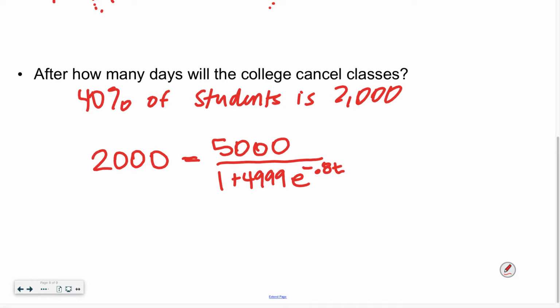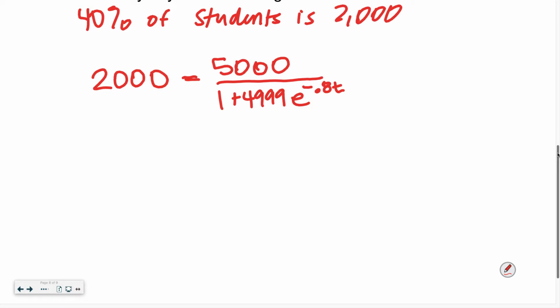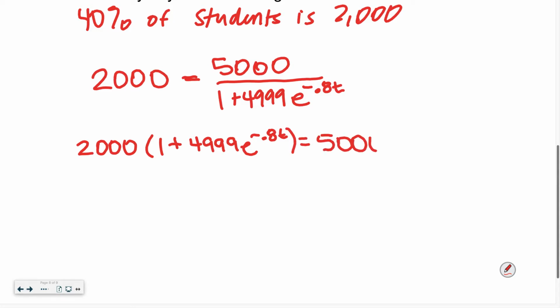And now our job is to solve for T. So I would suggest first multiplying that denominator over. And then I would take that through.